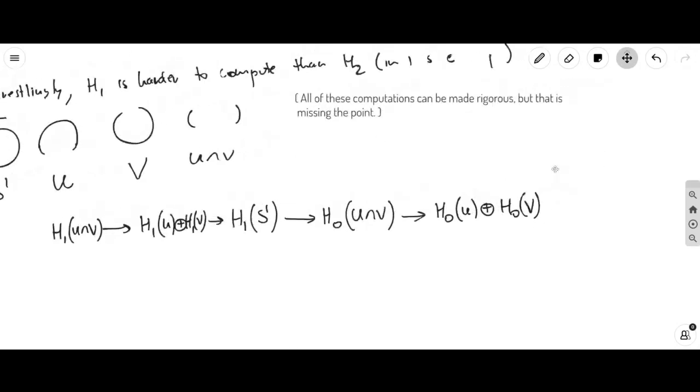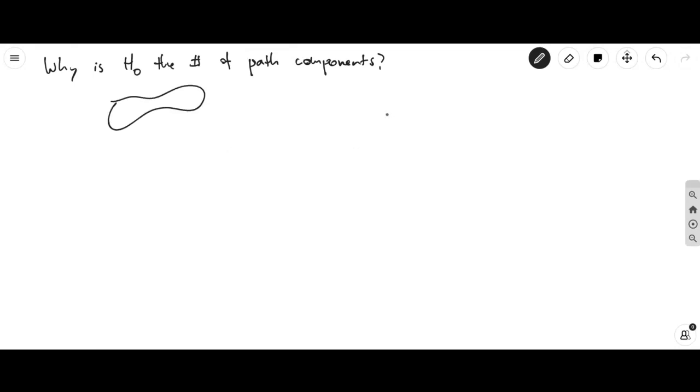Actually, I just want to do a very quick recap. H0 is the number of path components. I think this would be very helpful to think about. Let's say you have a path connected space X, and you pick a point P, and you pick another point Q. Then H0 of X consists of 0 cycles in X, but a 0 cycle is just a point.